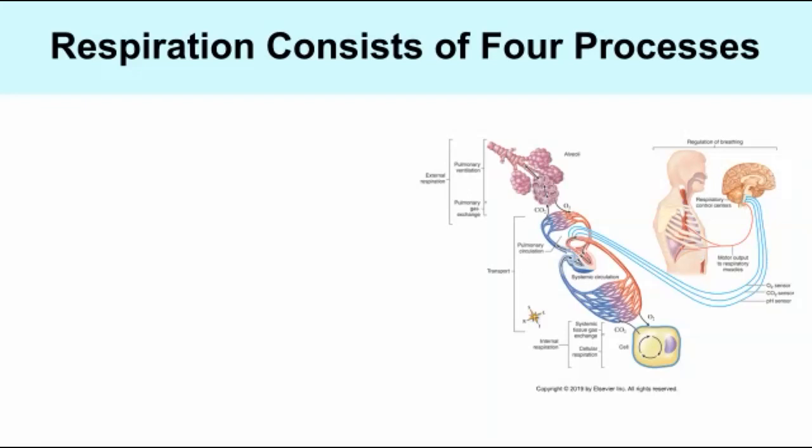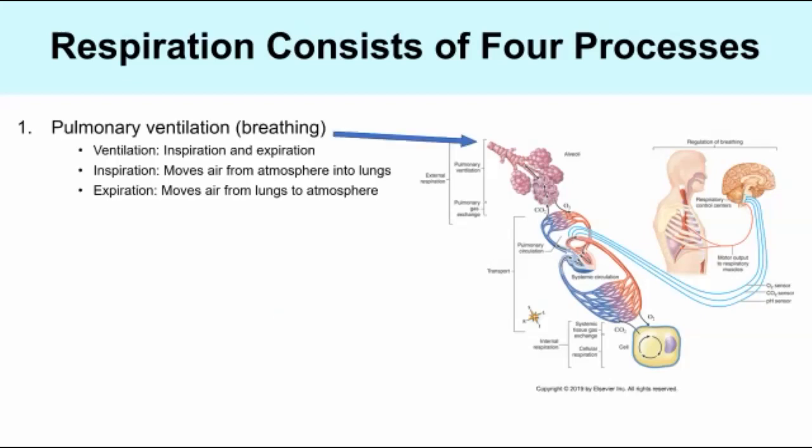Respiratory physiology is really complex and quite a coordinated process that ultimately helps us to maintain homeostasis. In doing so, this takes a combination of about four different processes occurring along the way. Let's start with the first process, pulmonary ventilation, or breathing.